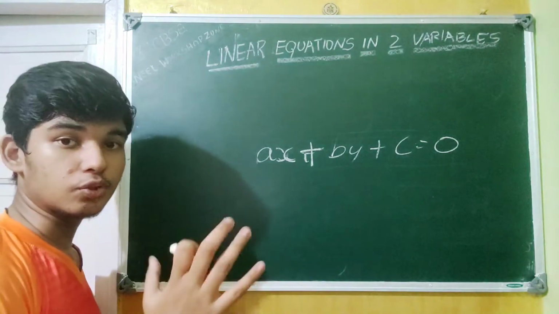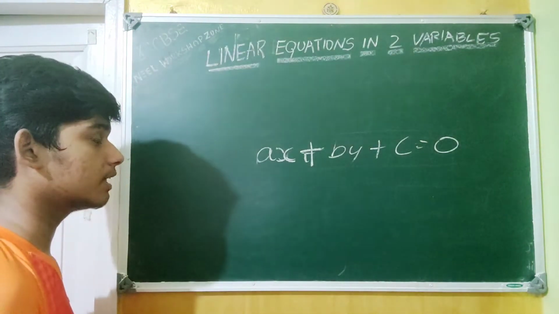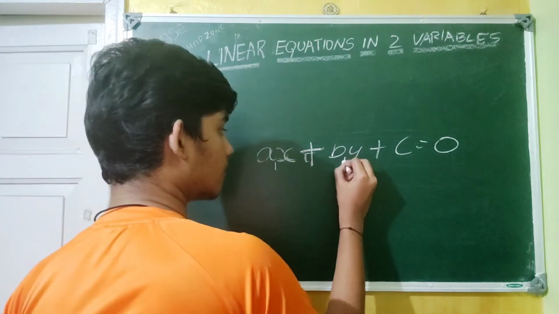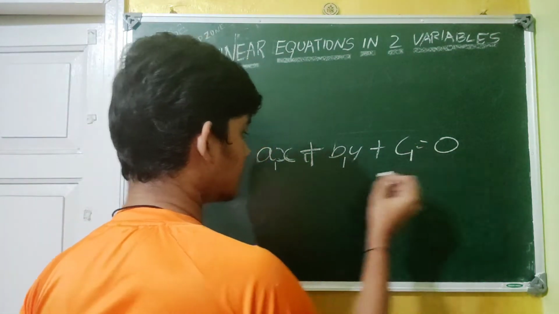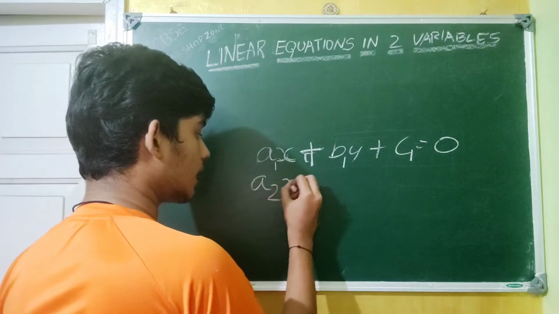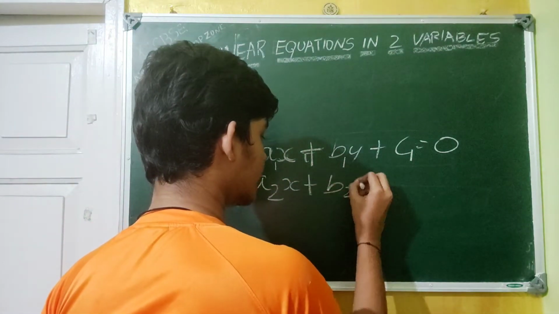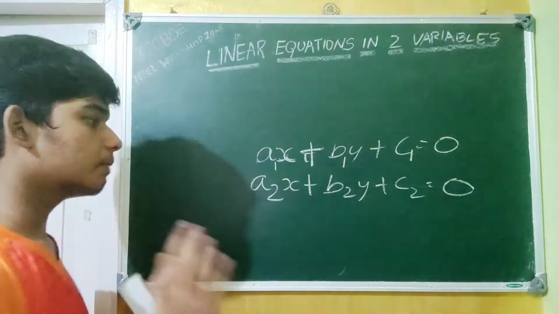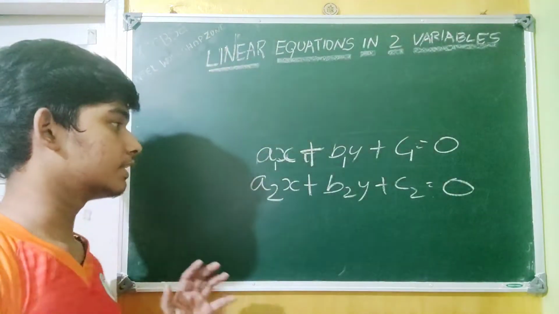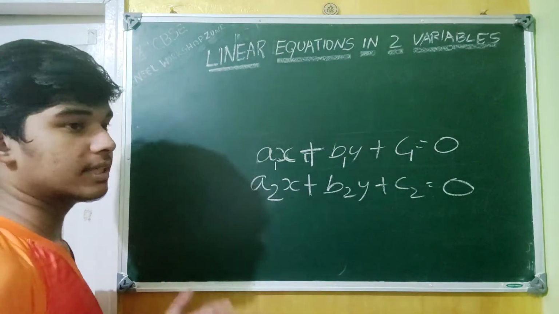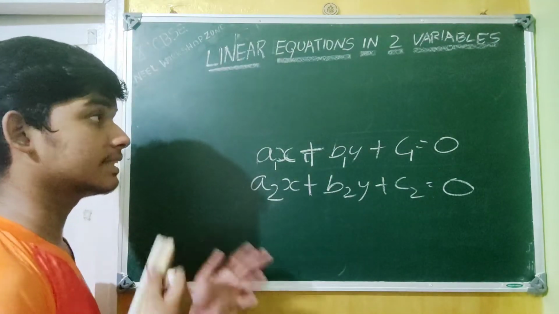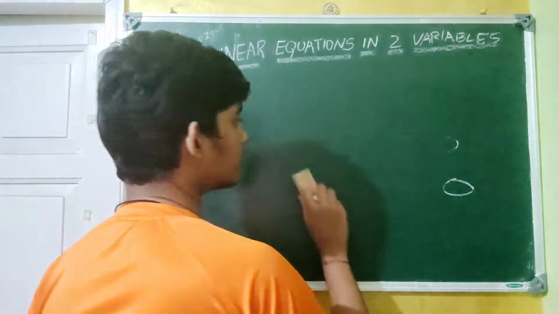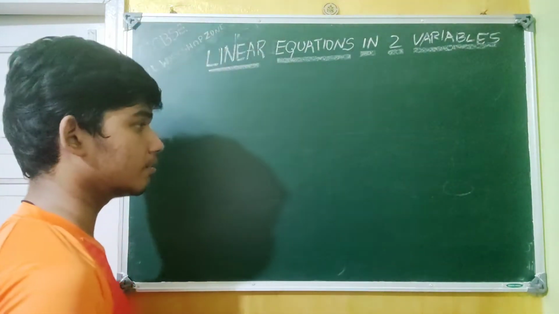To differentiate them, we can write a1x + b1y + c1 = 0 and a2x + b2y + c2 = 0. By writing this, we can differentiate between the first and second linear equations in two variables. So this is the general form for a pair of linear equations in two variables.